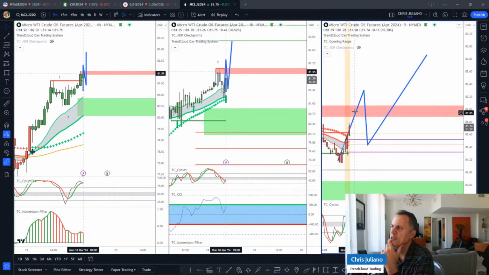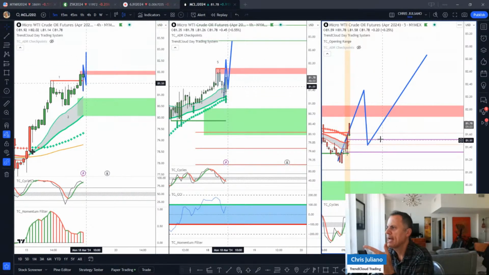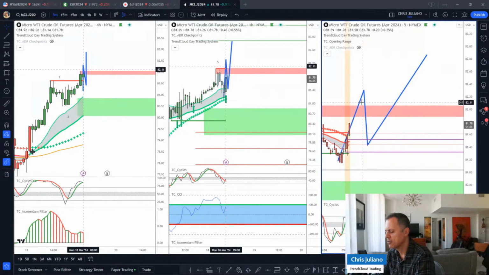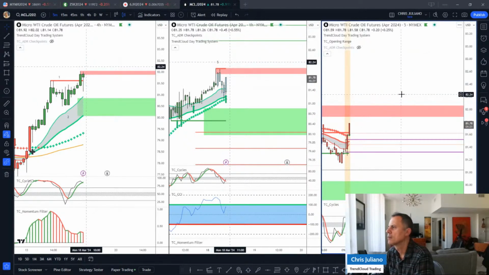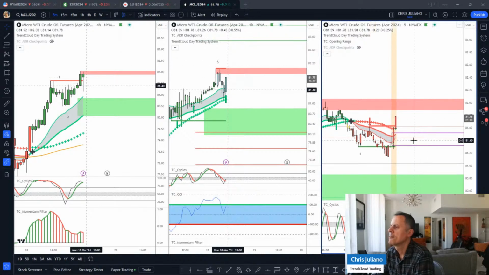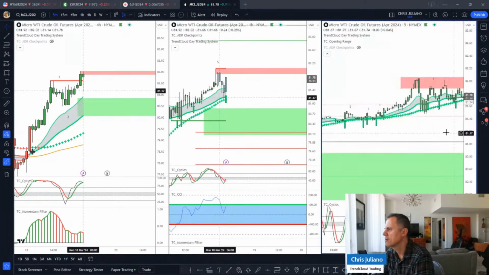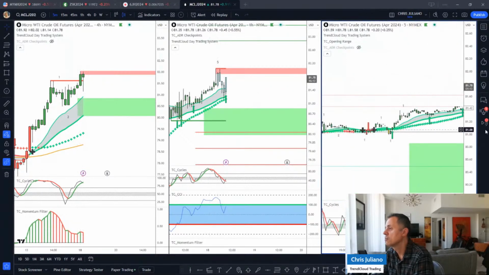Oh, wow. Okay, we broke through some structure here, and then we pulled back because it usually pulls back into the opening range and then makes some sort of a move. Well, that sounds good. Okay. The fact that we broke below here, and what did we run into?